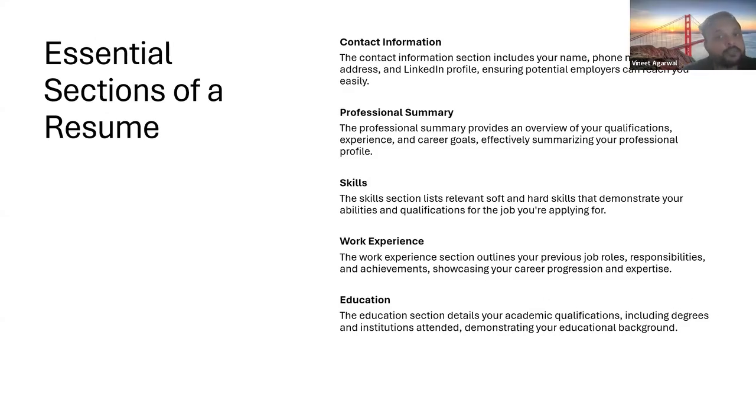Similarly, if you have worked with Git repositories, put it there. If you have any AI related skills, prompt engineering or something, put it there. This is how you have to put all the things in the skills section.